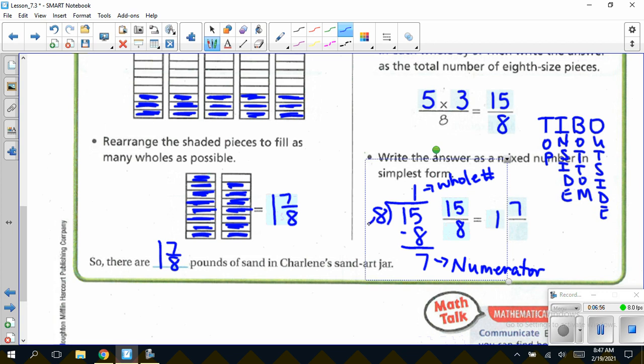And then the divisor is your denominator. And notice my denominators did not change. So my original denominator of 8 is my denominator for my mixed number as well. So 15/8 does equal 1 7/8, and that is my final answer. I can't simplify that anymore.